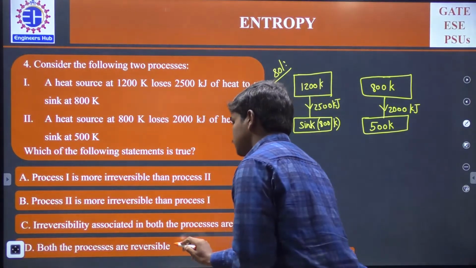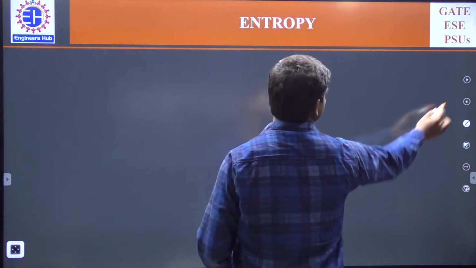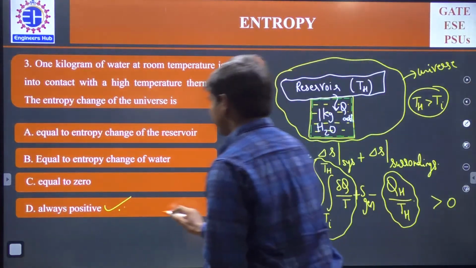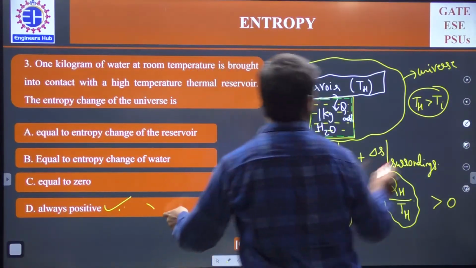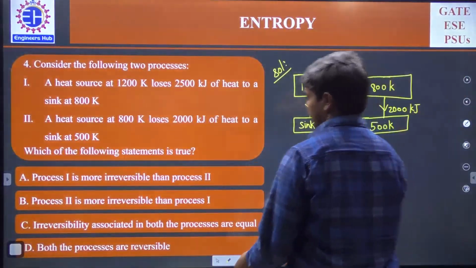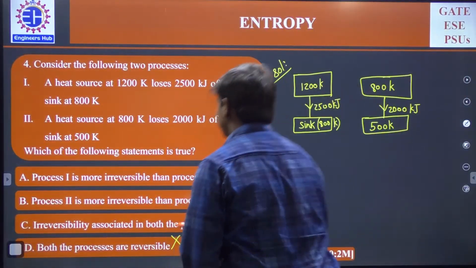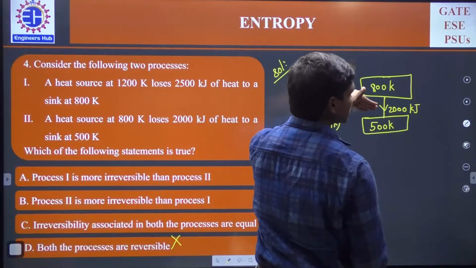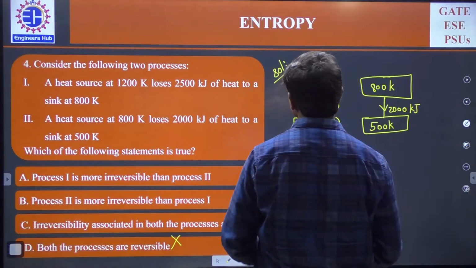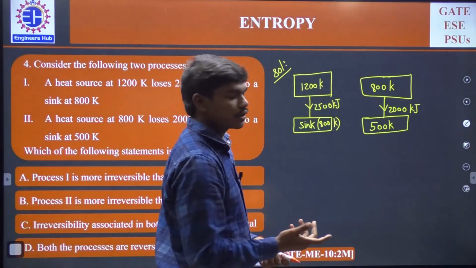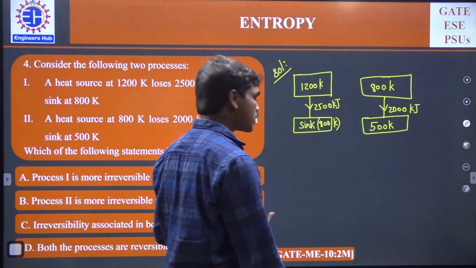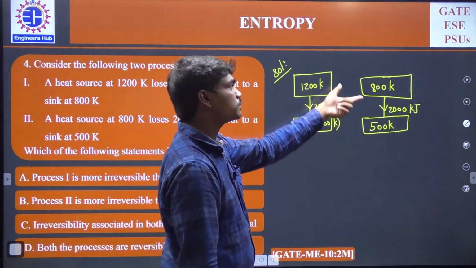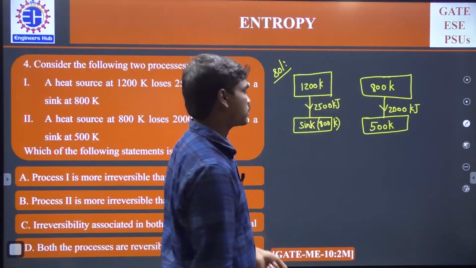So this option is not correct because heat transfer is occurring across finite temperature differences. So both are not reversible processes because both are heat transfers between two bodies at different temperatures.